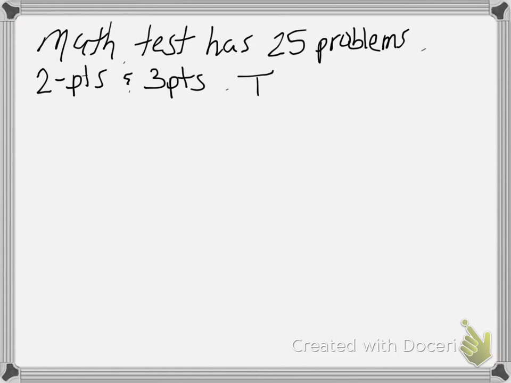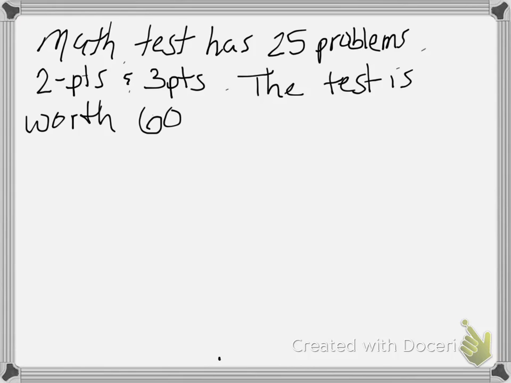The test is worth 60 points total. If I asked how many 2-point problems are there on the test and how many 3-point problems are there on the test, that's a system of equations.